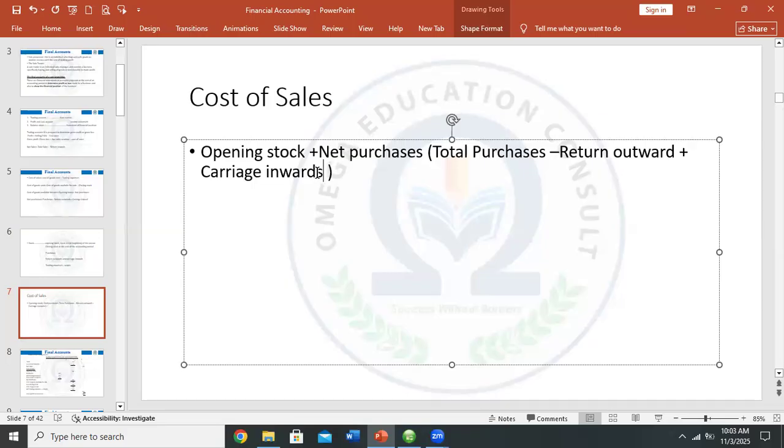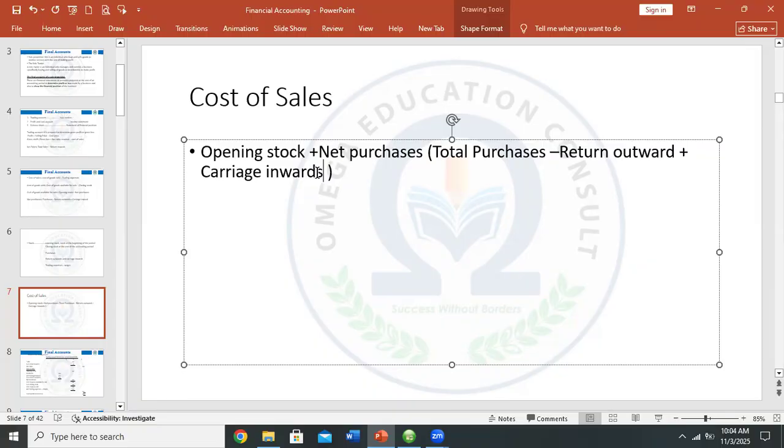So if you went to buy 100,000 worth of clothing from your suppliers, and the clothing were brought to your shop by an aboboya who charged you 1,000 Ghana cedis, that carriage inwards cost is added to your purchases. If some of the clothing were oversized or you were oversupplied, you will return it to the suppliers, and so you have to less that out of the cost build-up you are doing.